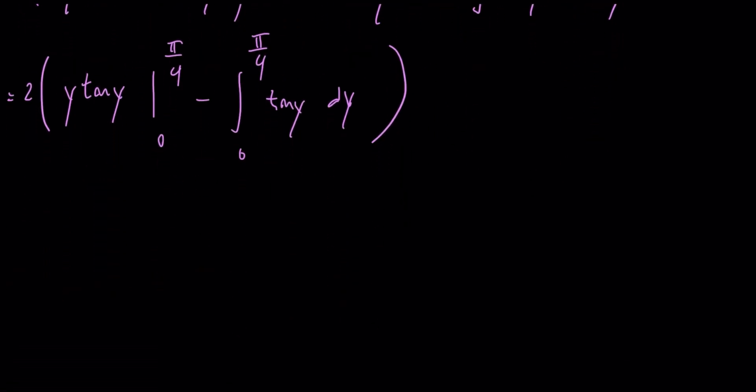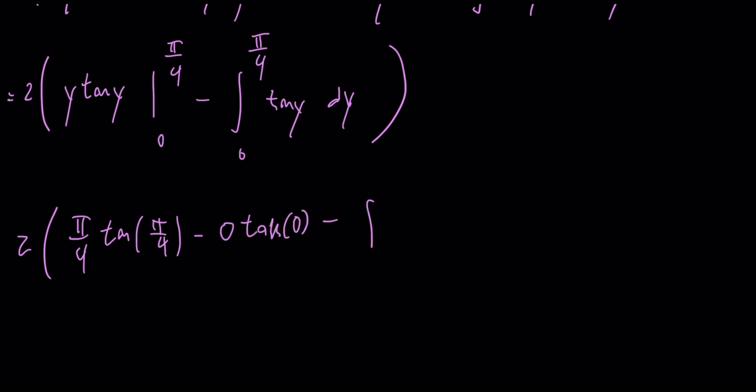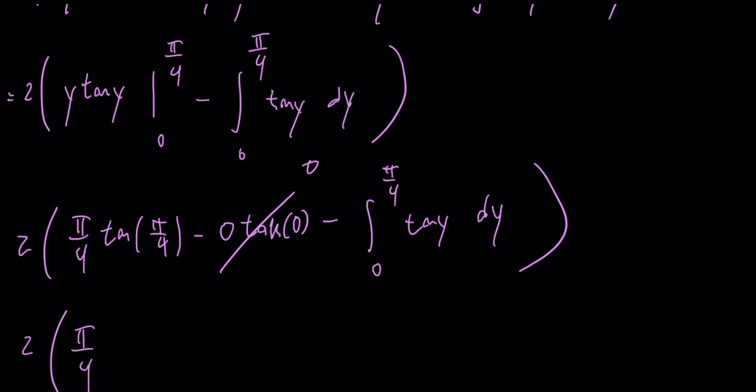So evaluating the limits, we have 2 pi over 4 tangent of pi over 4 minus 0 tangent of 0 minus the integral from 0 to pi over 4 of the tangent of y dy. Tangent of 0 times 0 is 0. 2 pi over 4 times 1 minus the integral from 0 to pi over 4 of the tangent of y dy.